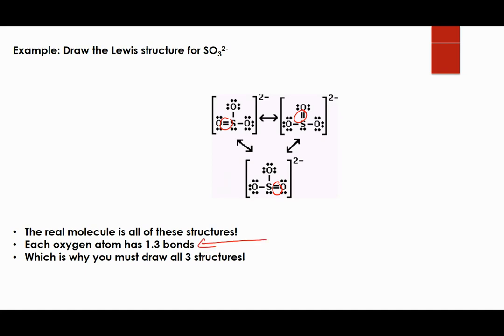The reason it is 1.3 is it's existing between 3 different possible orientations. So we have 2 singles and 1 double, but that double bond is switching between oxygens. So we have to draw 3 different structures to be entirely correct when showing the proper structure of SO3 2-. If you don't draw all 3, you're not showing all the possible stable orientations of this molecule.